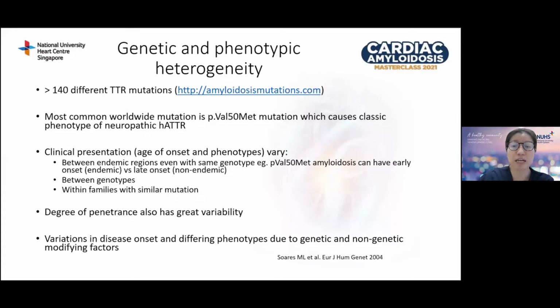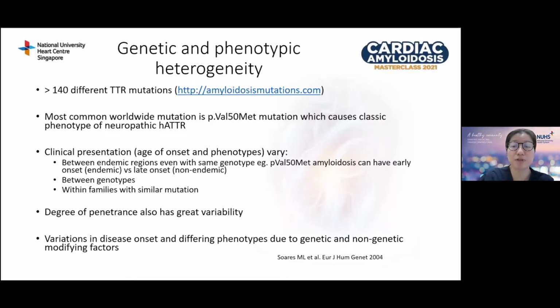There is also a great heterogeneity in the clinical presentation between the different genotypes, and even within the same phenotype, for example. P.Val50Met amyloidosis can manifest as an early disease onset in endemic areas in Japan and Portugal, while the p.Val50Met individuals of similar ancestry in non-endemic areas or of other ancestry actually have an older onset of disease.